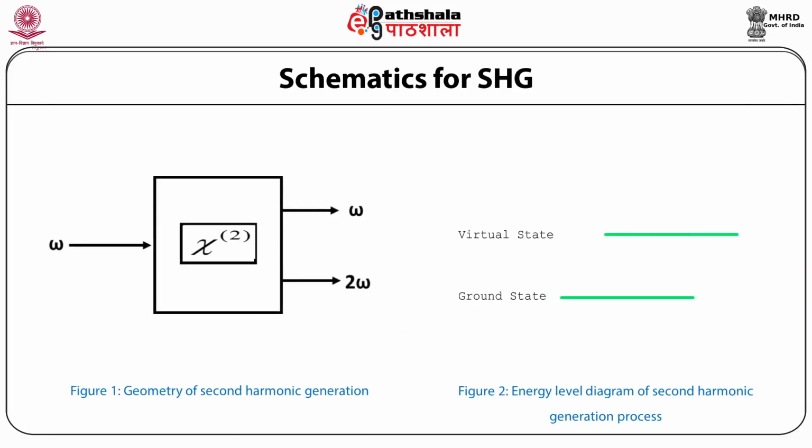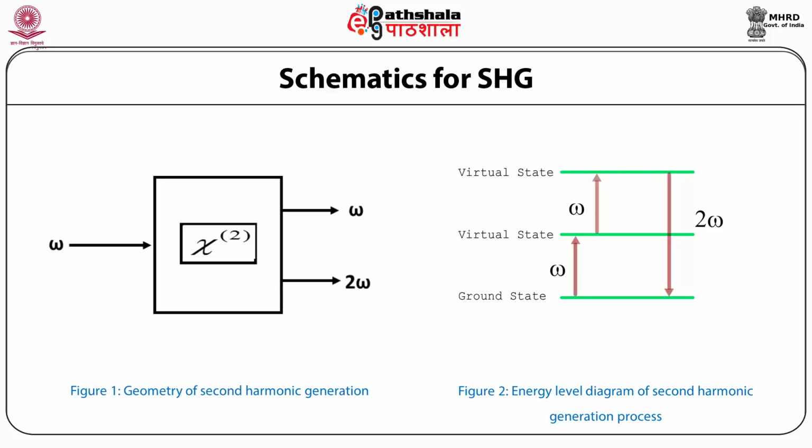Schematics for second harmonic generation. Second harmonic generation can be visualized by considering the interaction in terms of the exchange of photons among various frequency components of the field.